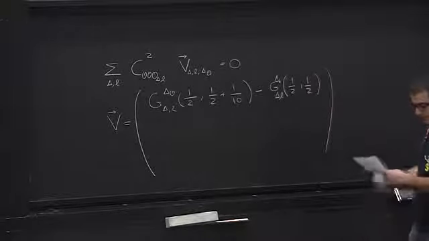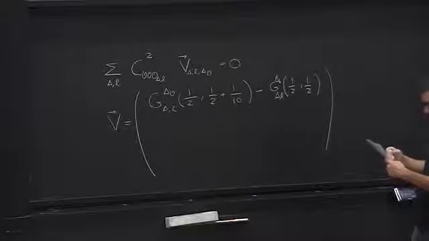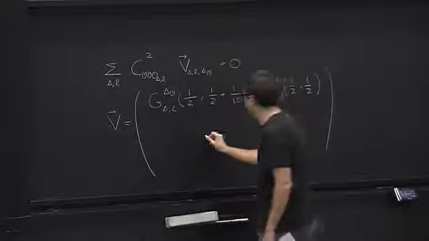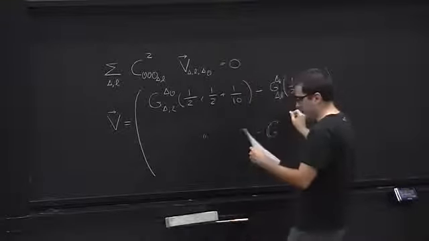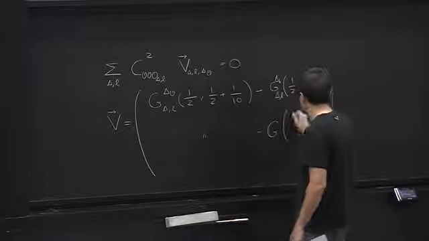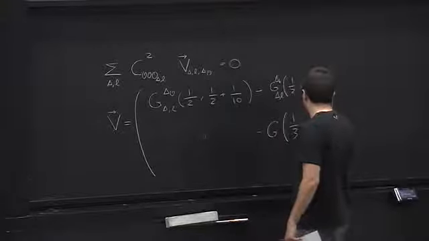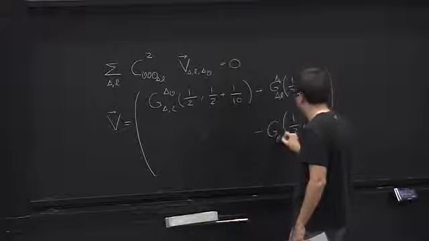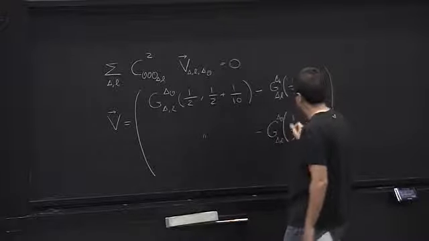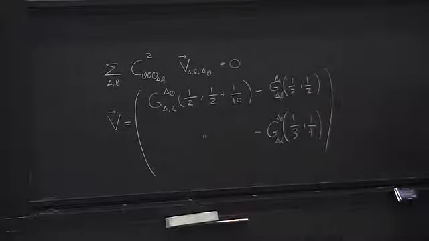Okay. And the second component, I chose the same thing here, minus G at 1/3, 1/4. Just some random choice. You could consider a higher dimensional vector by considering more linear combinations. But this is one.